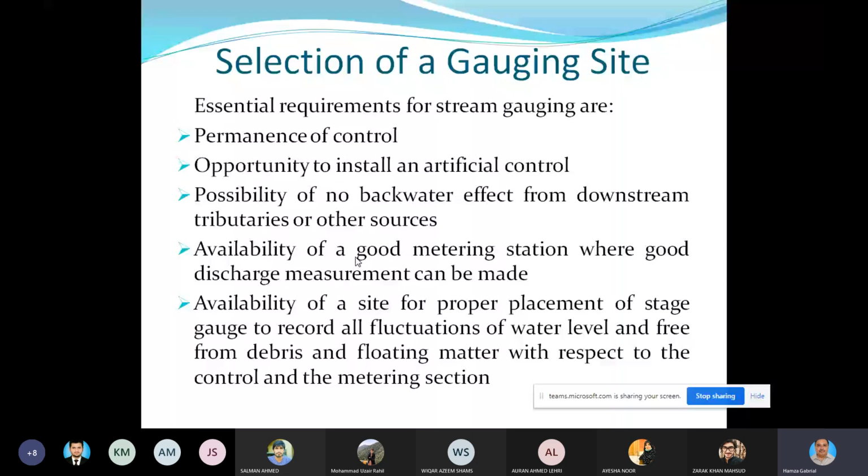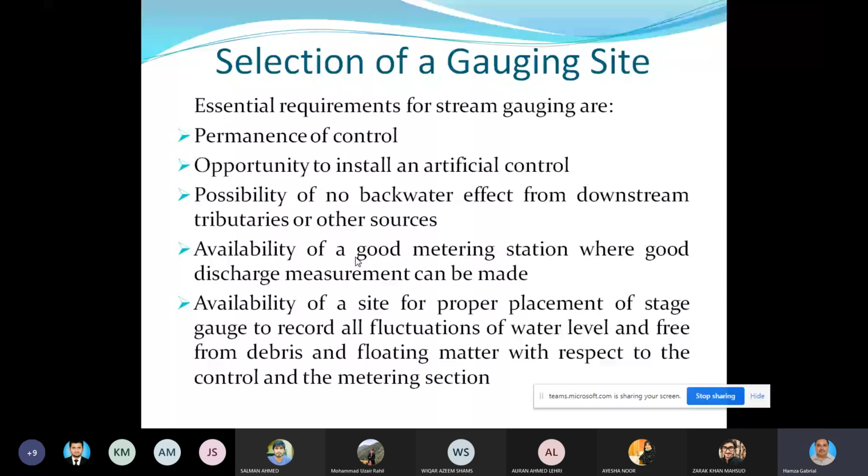These are some guidelines on how to select a gauging site. First of all, we have to consider the permanence of control. A control should exist, whether natural or artificial, but that control should be of a permanent nature.